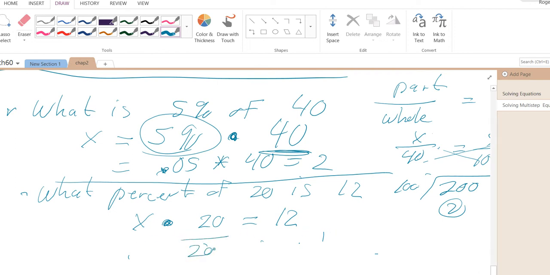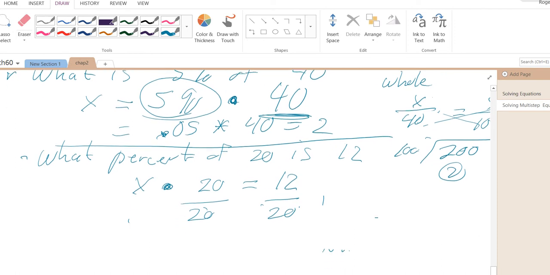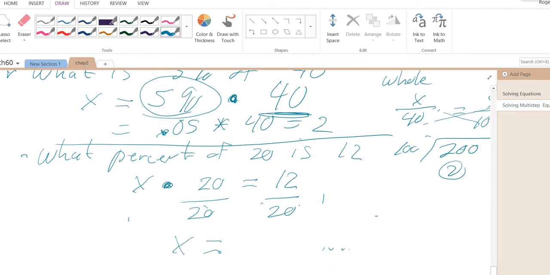All I have to do is divide 12 by 20. What are we getting there? Point 6. Is that 0.6? Yeah. Sounds like it. Yep. So that would be 60%.